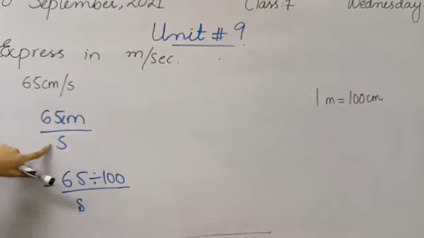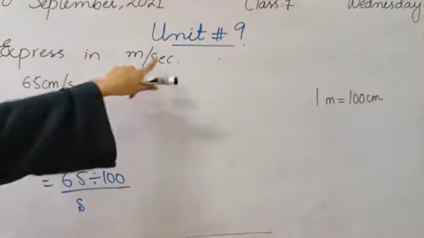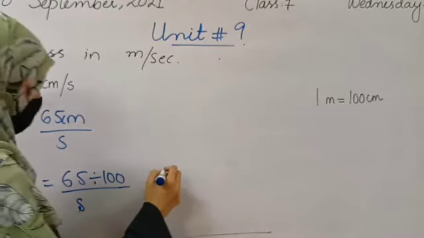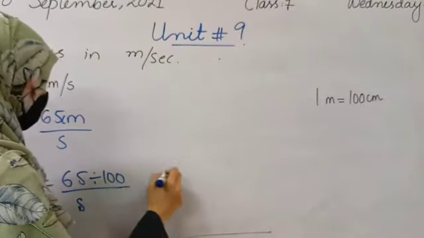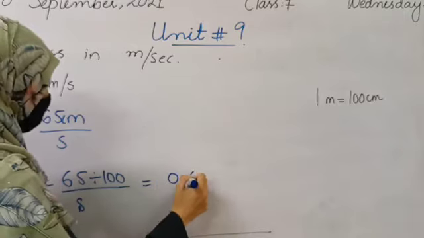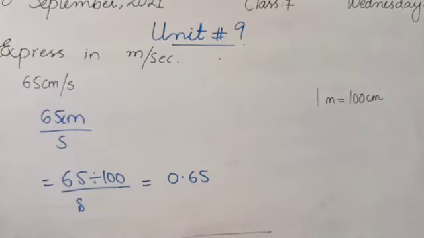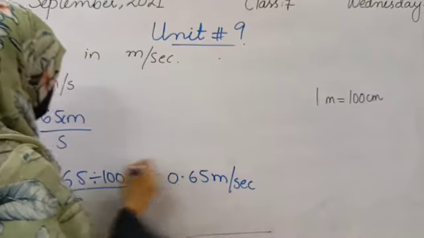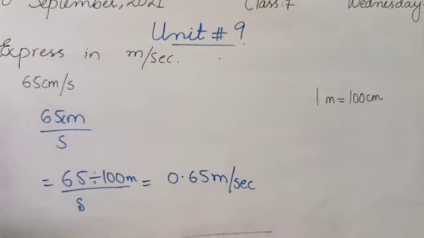And the denominator is second and we want it in second, so there is no need to change. Simply divide 65 by 100. We will get 0.65 meter per second. This is now in meters and second remains the same.